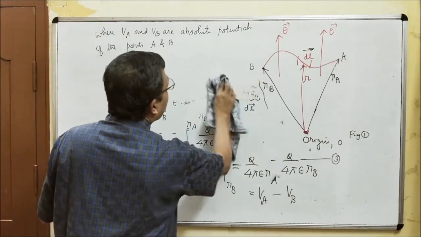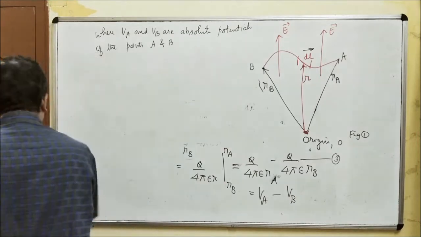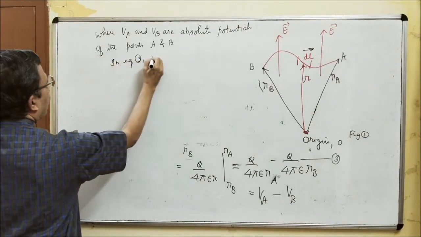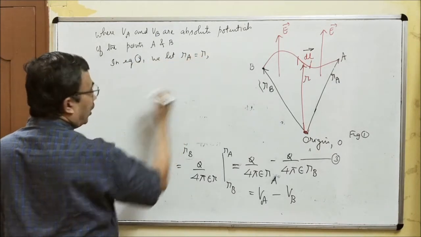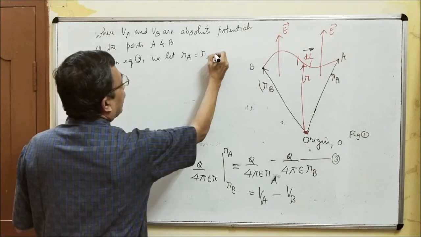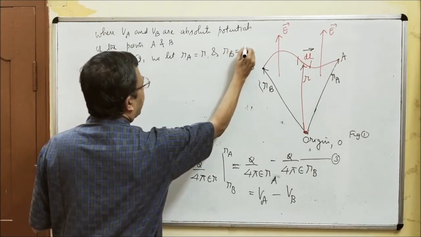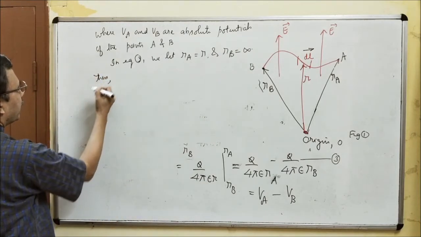Now I want to define what is absolute potential at a given point. In equation 3, we let RA equal R and RB equal infinity.